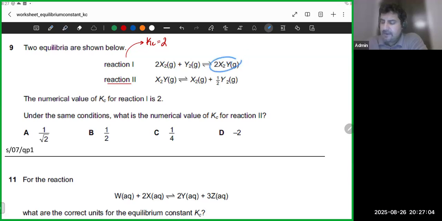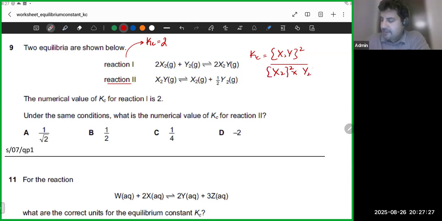That means the concentrations are going to be exactly the same as well, because they are exactly the same reaction. So the Kc expression for the first one is going to be X2Y concentration squared, divided by X2 concentration squared, times the concentration of Y2.